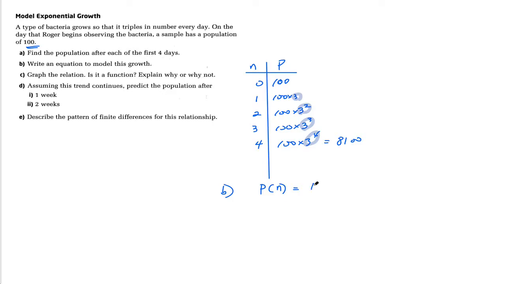Initially we start with 100. When n is 1, we get 3 to the power of 1. When n is 2, we get 3 to the power of 2. When n is 3, it's 3 to the power of 3, and so on. So this is going to be 3 to the power of n. That's what models this pattern here.